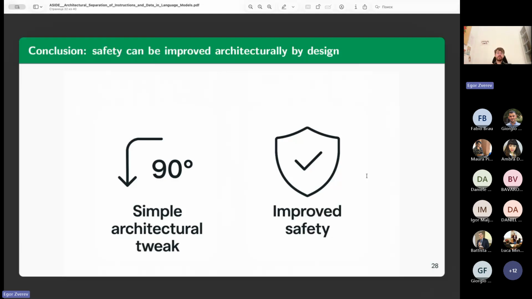Now, to summarize this, we proposed a method which we call ASIDE, which basically consists of a very computationally simple architectural trick where, in the forward pass of the model, we pass an additional mask to tell the model this is instruction, this is data, and we use this mask to multiply the matrix of data tokens by some rotation matrix.